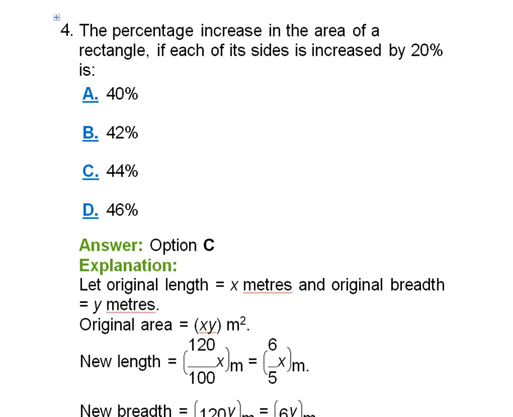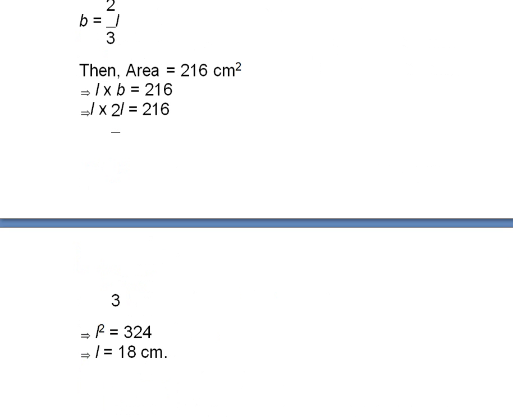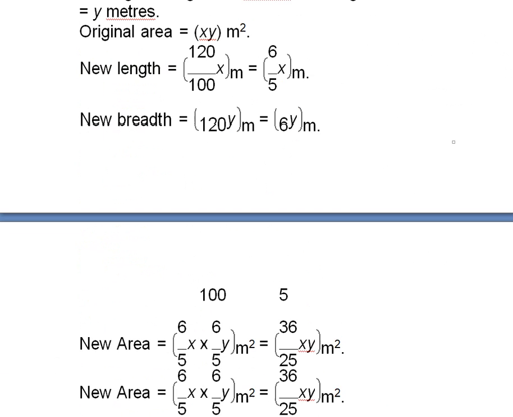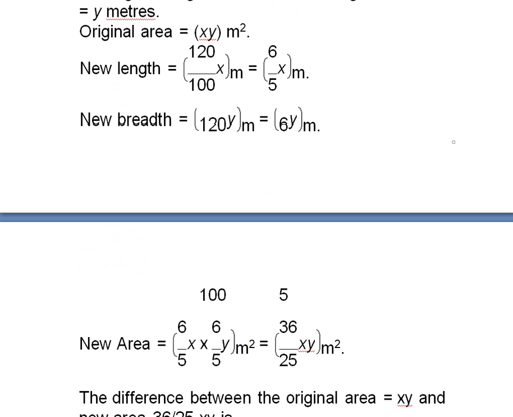Each of the sides is increased by 20%, so that's why we have taken 120 here and in the division 100. So it will be 6x by 5 meter, and for breadth you will take 120y divided by 100, which will be equal to 6 by 5 y meter.